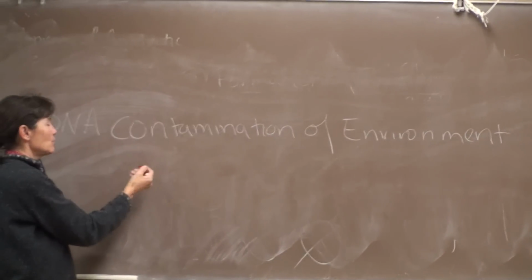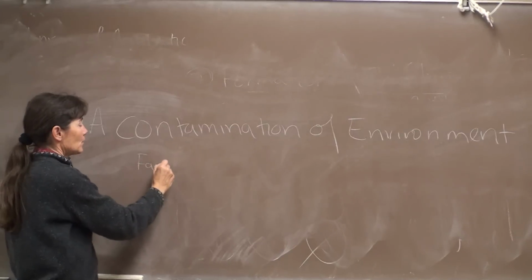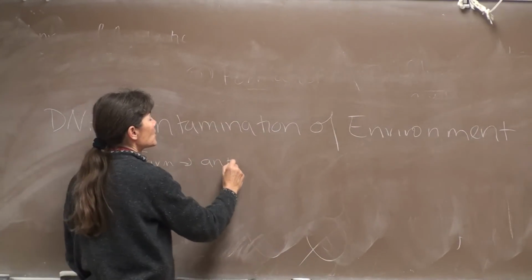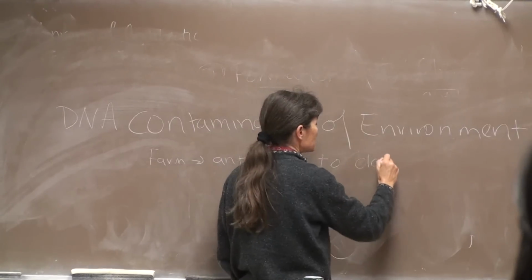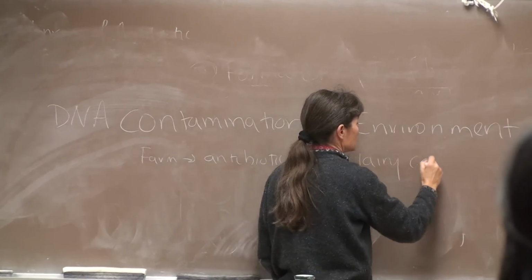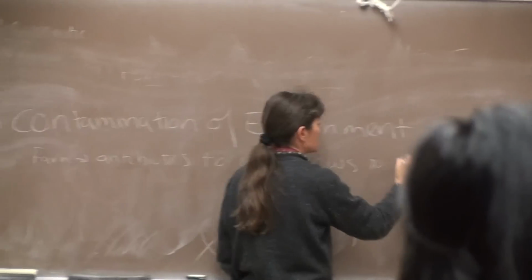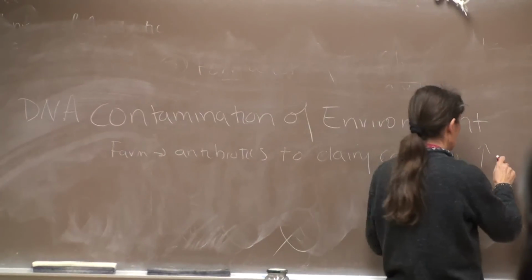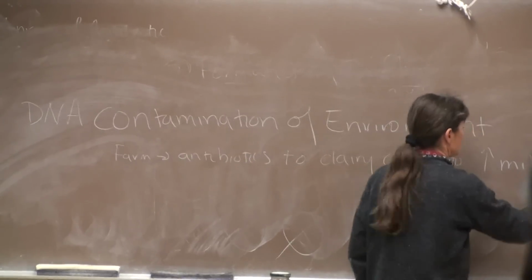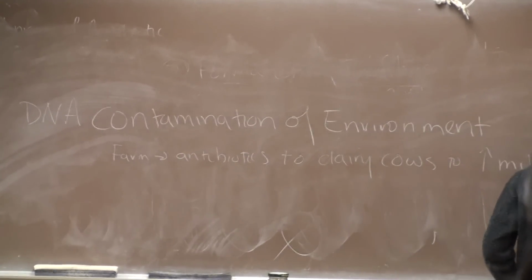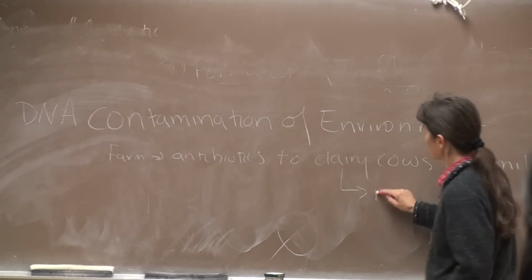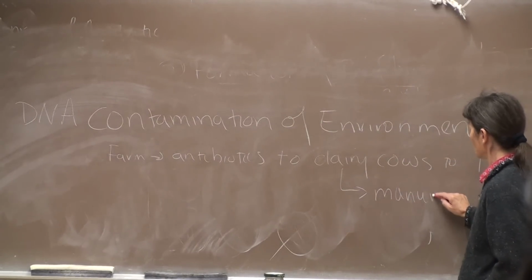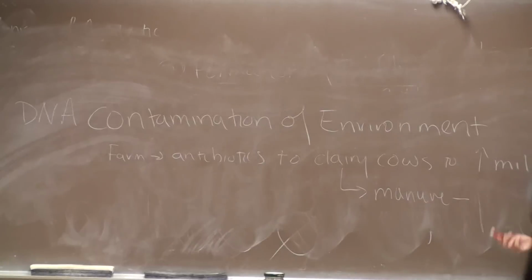So let's say we've got a farm and they're feeding lots of antibiotics to their dairy cows to increase milk production. And this is not that unusual. So what happens on a lot of these big farms is the manure that the cattle produce is going to be chock full of bacteria, right?